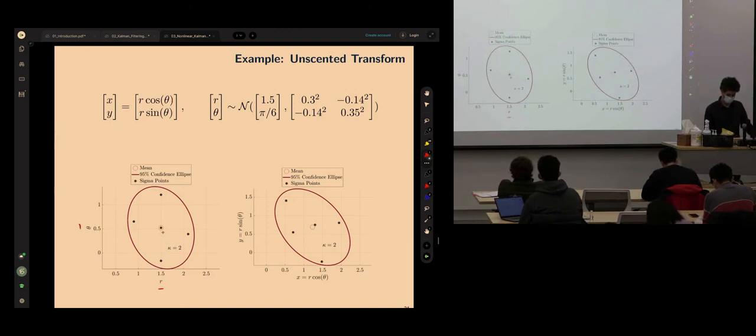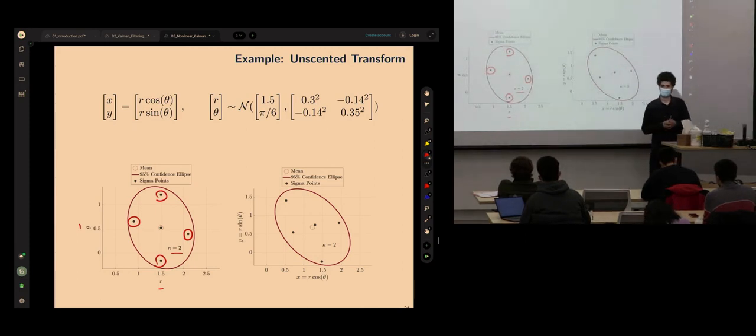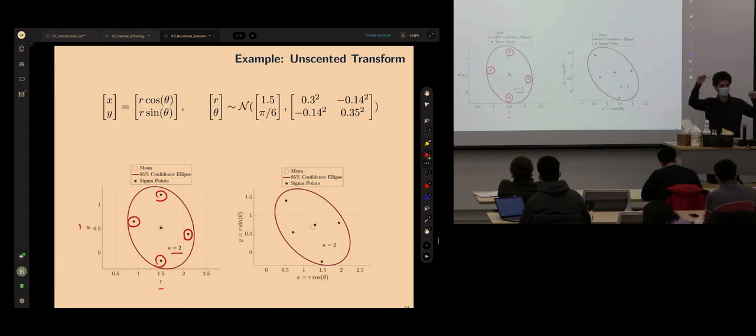You have a mean, and these are sigma points, right? So you can see that with a particular parameter, kappa 2, which is good for Gaussian distributions, what the sigma points are doing geometrically is getting the corners of this ellipsoid, which makes sense. We don't want to just do the mean.